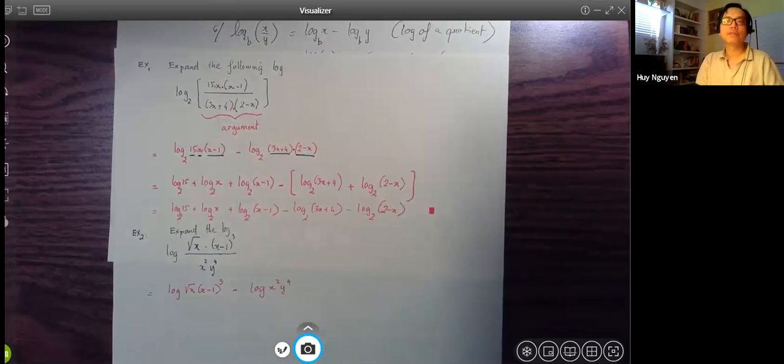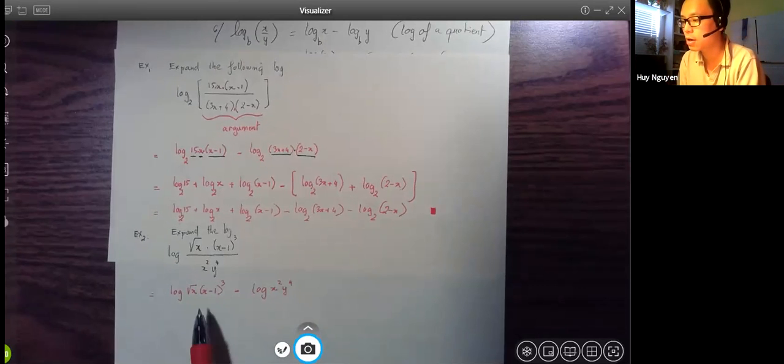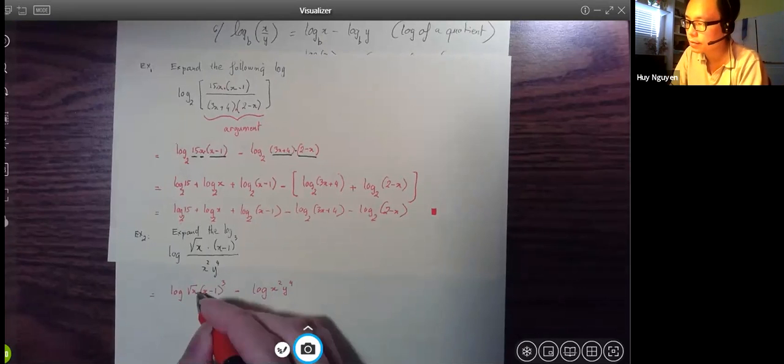After you split the log into two logs, you ask yourself, can I split more? Yes. Now you look at the first log. We have two factors separated by a multiplication sign.